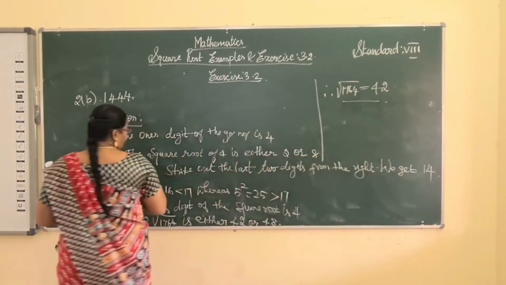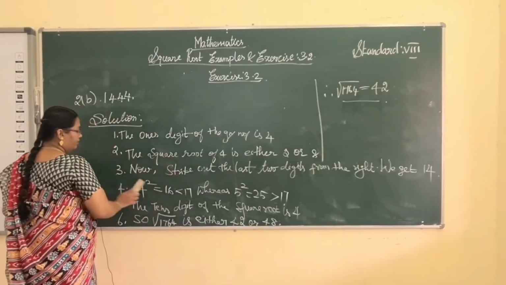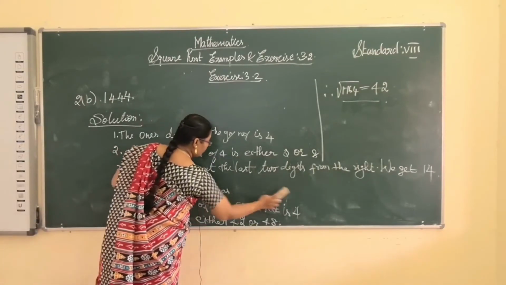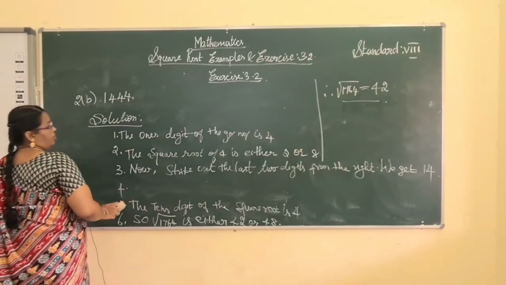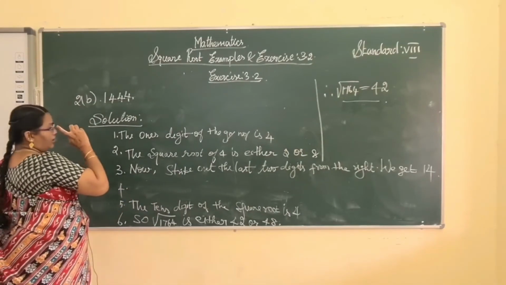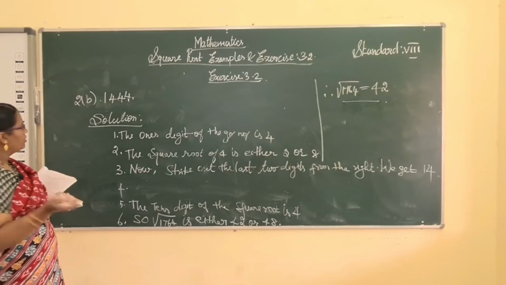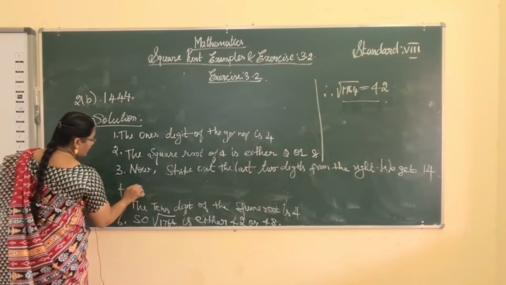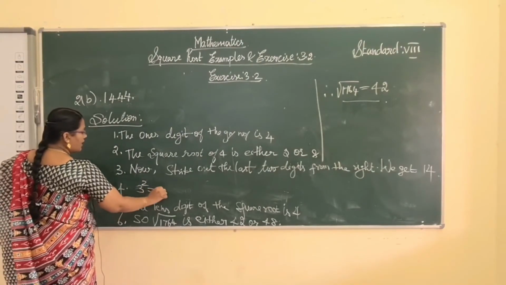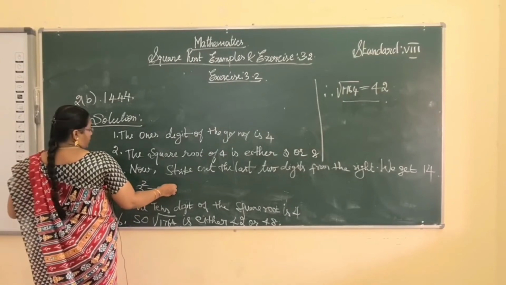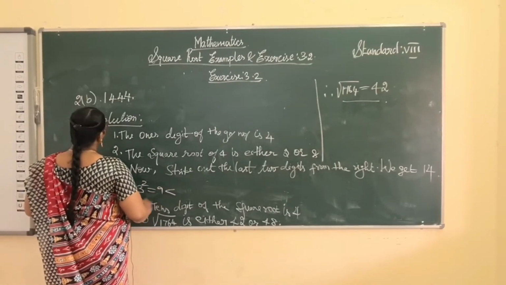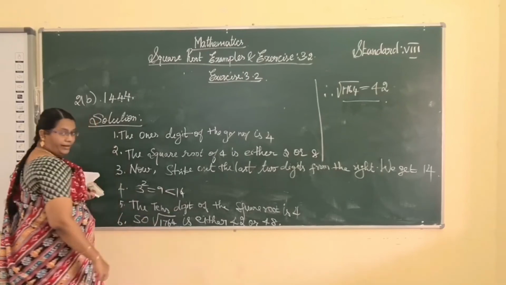So which number's square gives 14? 3 square is 9. 4 square is 16, which is more. So first apply 3 square. 3 square value is 9. 9 is smaller than 14.